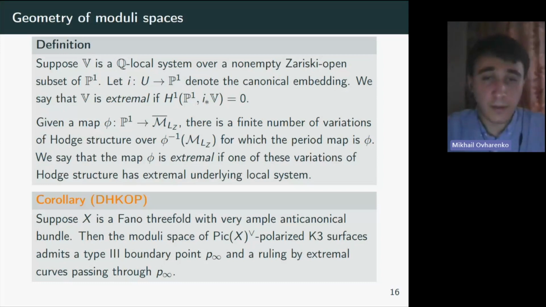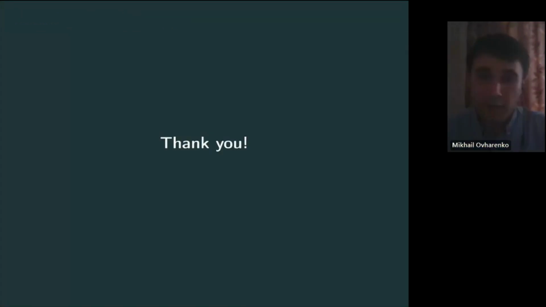But the thing is that different choices of such a possible X would lead to very different curves on this moduli space. I guess this is it. Thank you.